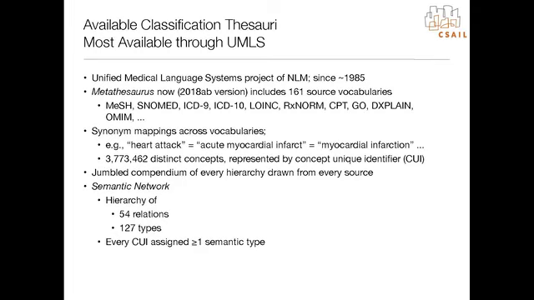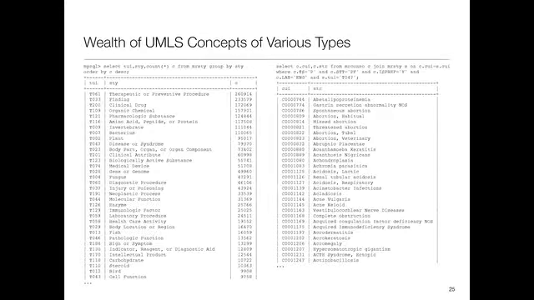And then over the whole thing, they created a semantic network that says there are 54 relations and 127 types, and every concept unique identifier is assigned at least one semantic type. So this is very useful for looking through this stuff.